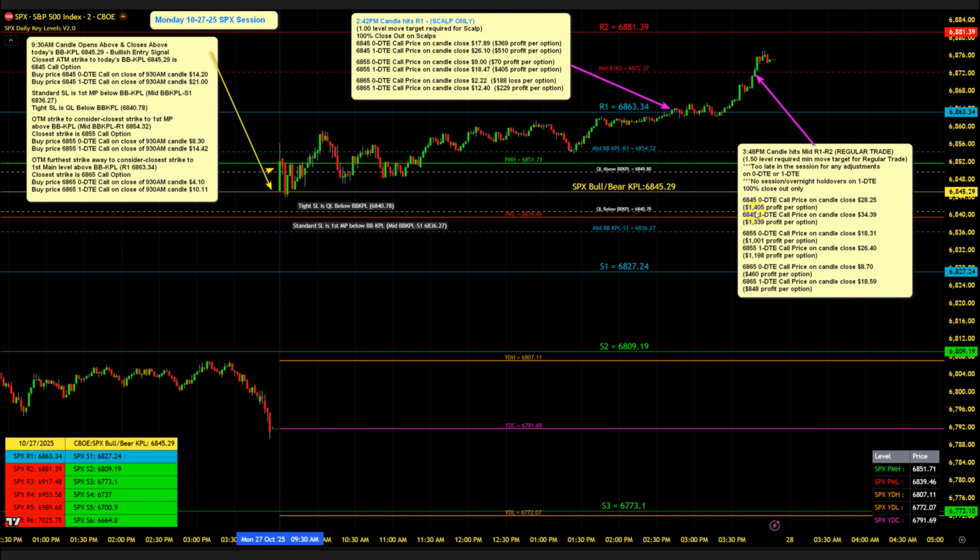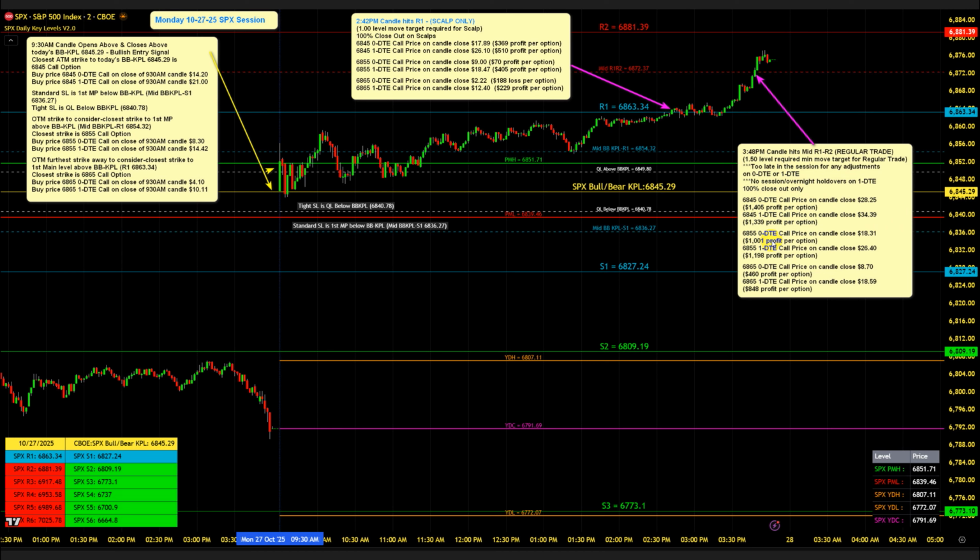So that's still $1,405 profit per option on the 68.45 0 DTE because it hit the minimum required level, even though it's that late in the day. The 1 DTE 68.45 had a 34.39 here on this close, so it has $1,339 profit per option. Remember, you paid $21 for that.